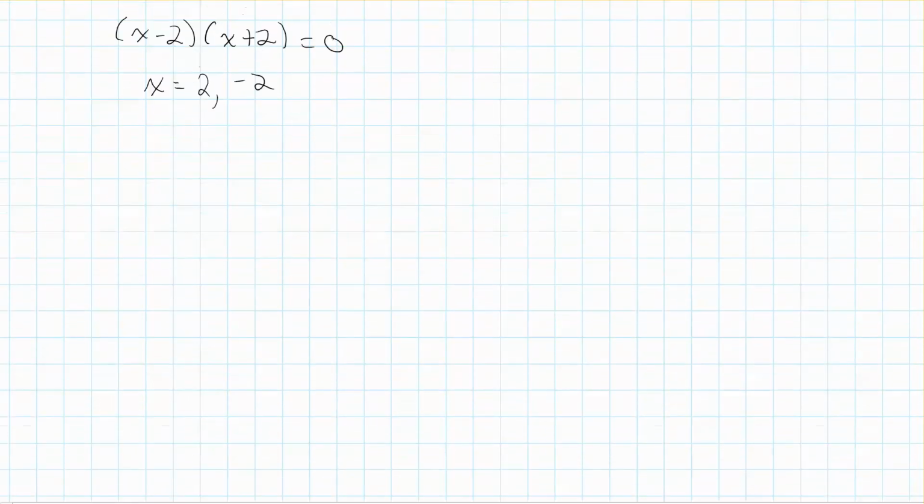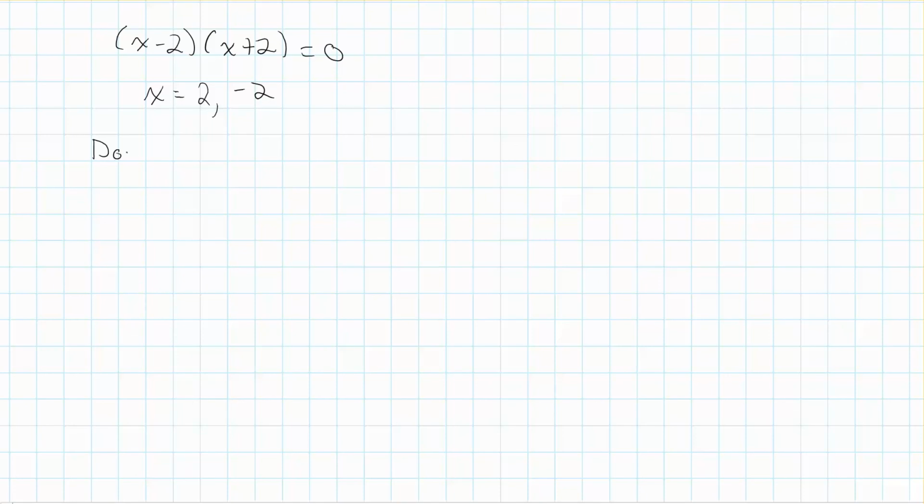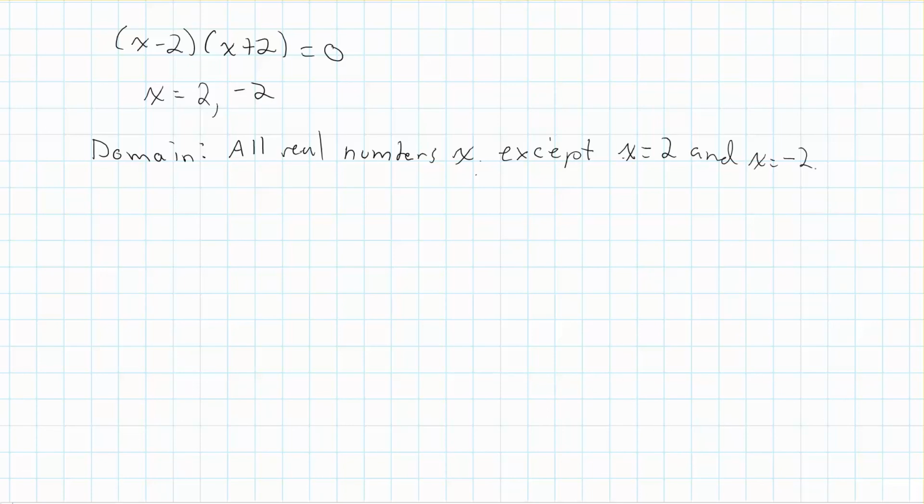So the domain then, we would write, is all real numbers x, to be a little bit more proper, except x equals 2 and x equals negative 2. So all real numbers x except x being 2 and negative 2.